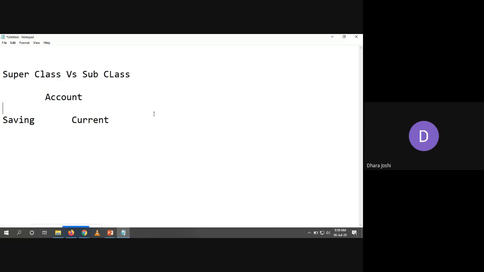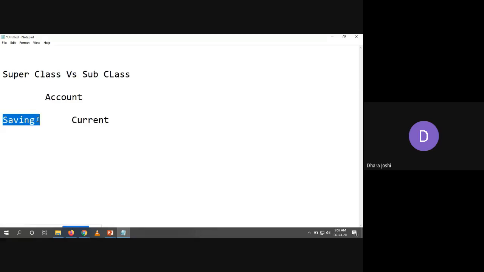A superclass is an entity from which other entities can be derived. So account is an entity from which these two, saving and current, can be derived. A subclass is an entity that is derived from a superclass.